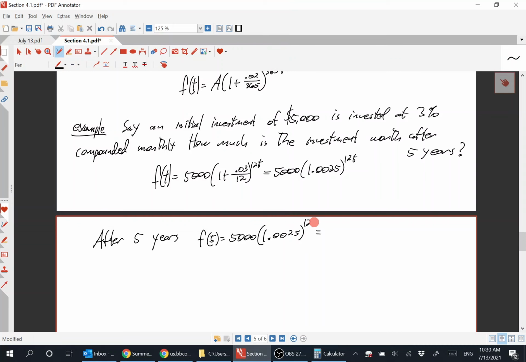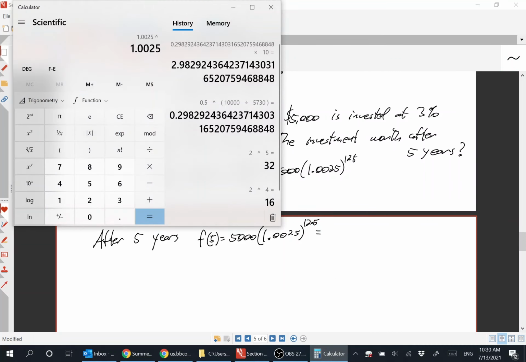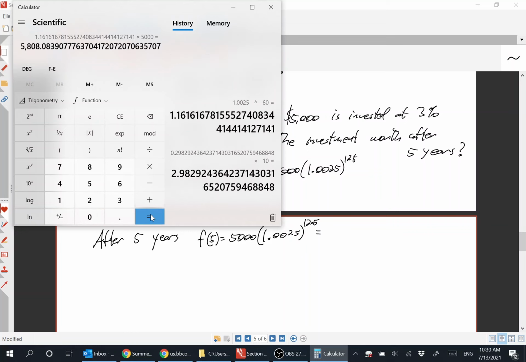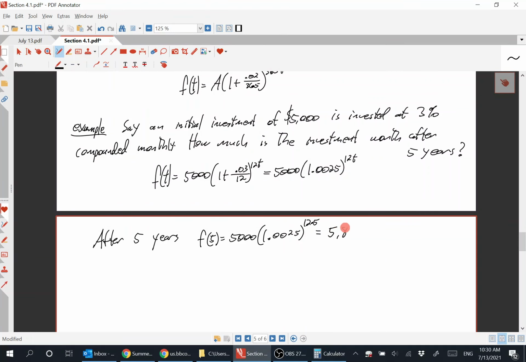With t equal to 5, 12 times 5 is 60. So 1.0025 to the 60 is 1.161616, times 5,000 equals $5,808.08.